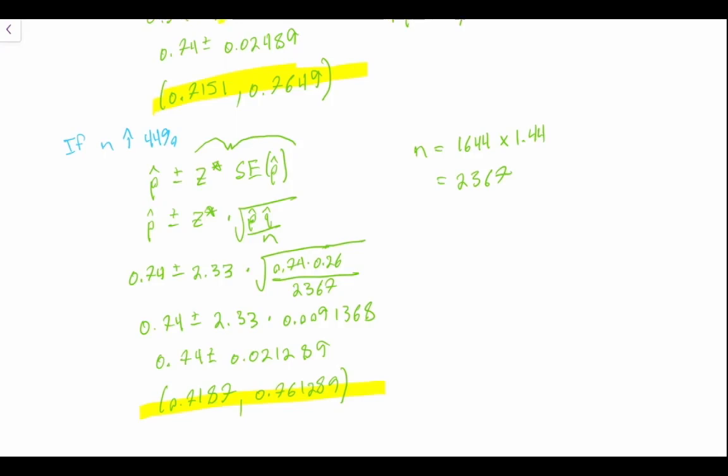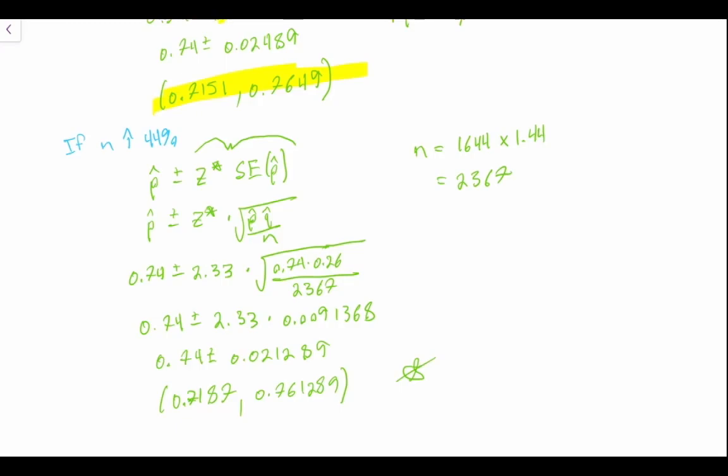But what you will notice is that the confidence interval for the larger sample size, that is this one right here, is actually smaller. It's narrower. If you were to take the difference between them, so 0.7649 minus 0.7151, you would get the distance between the two values.